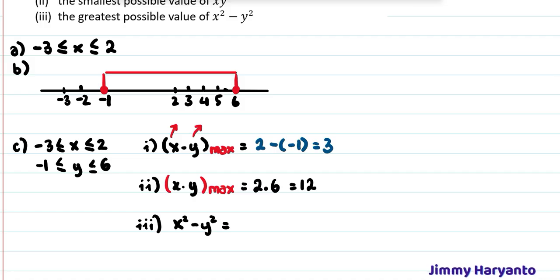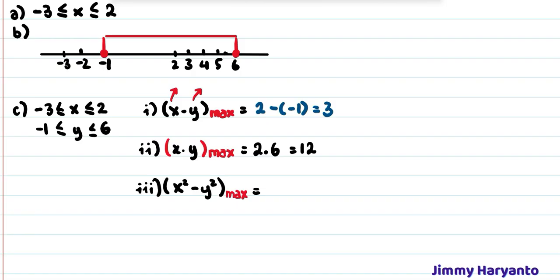Okay, so this one involves squares. Be careful with the squares, because when negative numbers are squared, they become positive numbers. Initially the idea is that I have to find the largest x squared, and then the smallest y squared to get the maximum, because it's subtraction.